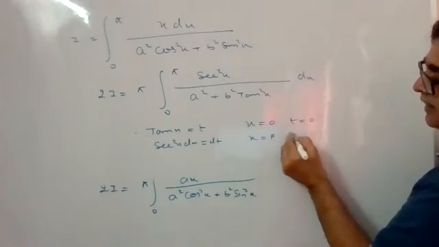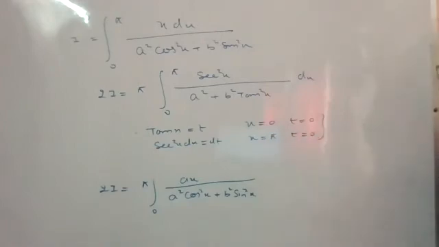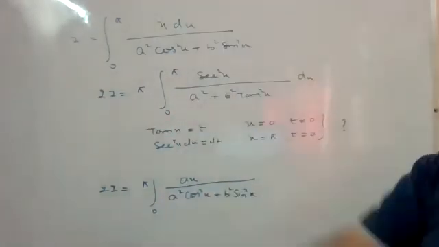When x is pi, t is also 0. So this is a question mark: how can the limit go from 0 to 0? That means this assumption, this limit, will not work.